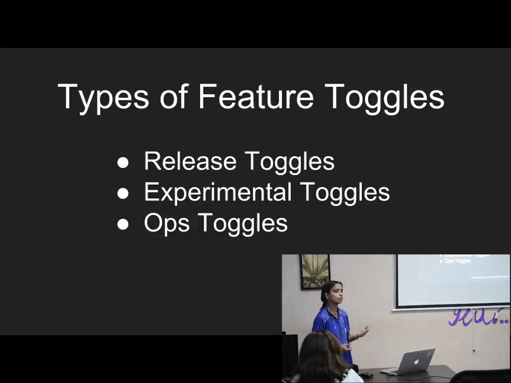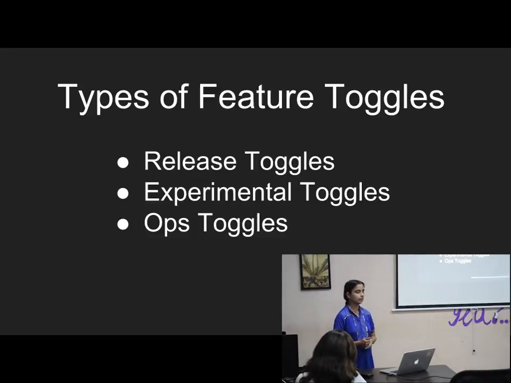Then the ops toggles that we spoke about, where we want to turn on or turn off depending upon the load on the system or the availability of certain services. All this can be done by YAML, or you can use something like Rollout for achieving this. Okay.